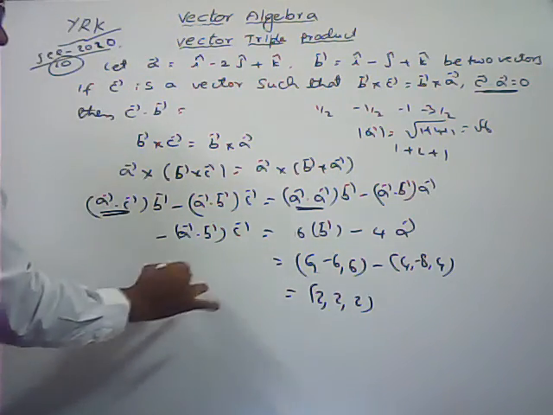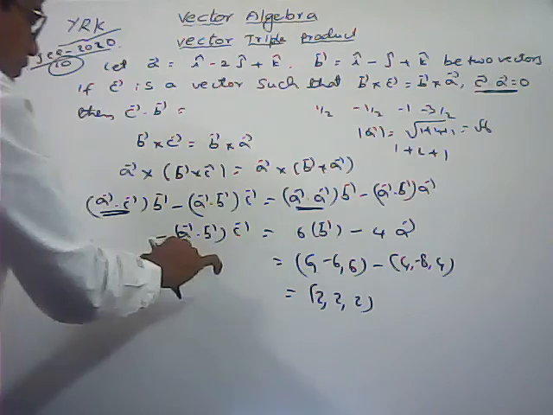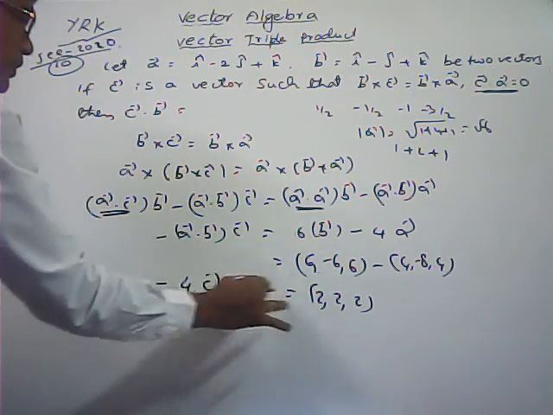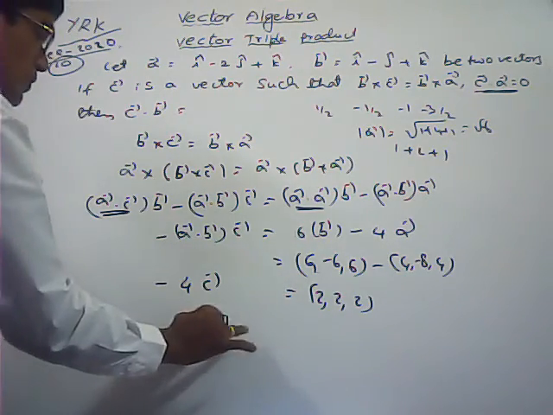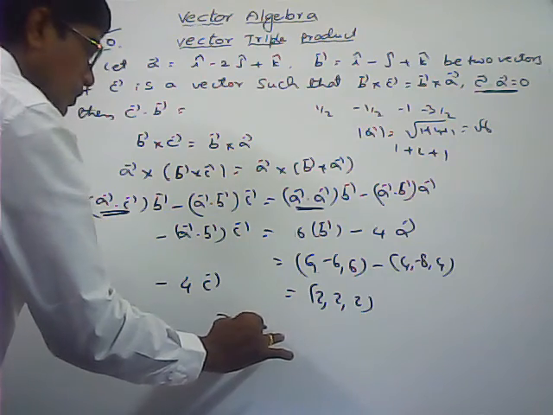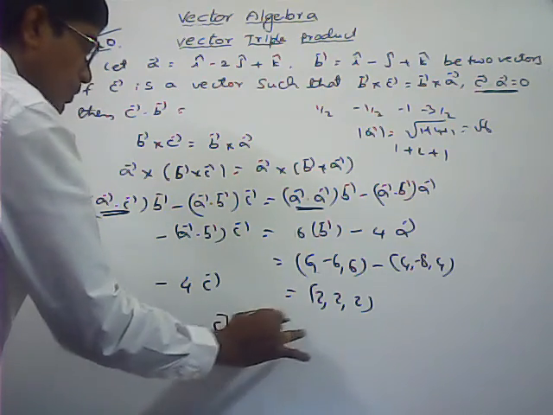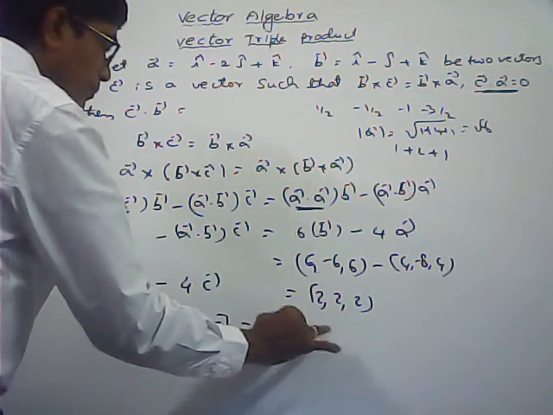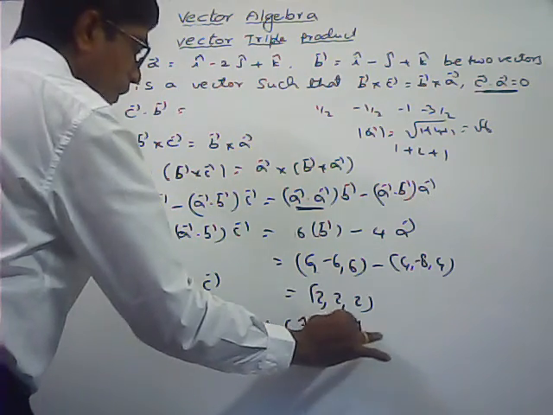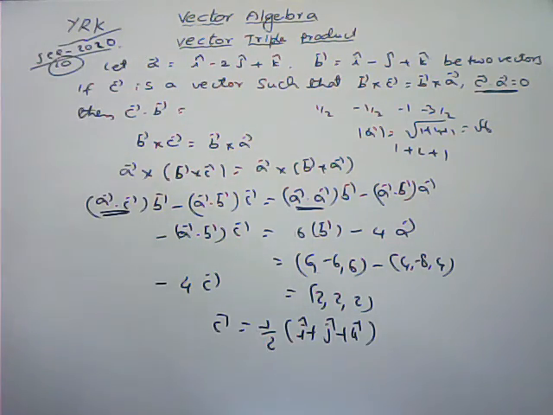So minus A bar dot B bar, how much did we get? 4 only. Minus 4 into C bar, that is equal to that one. So C bar is equal to minus 1 by 2 i cap plus j cap plus k cap. This one we got.